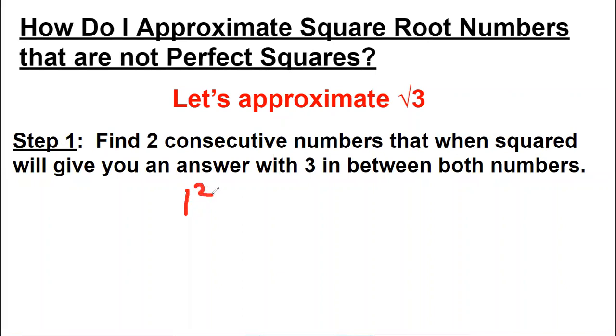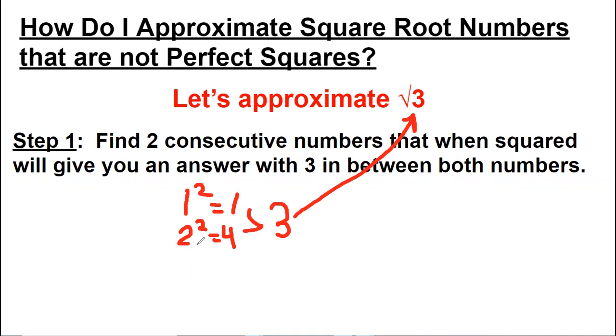What's 1 squared going to give me? 1 times 1, or 1. What's 2 squared going to give me? 2 times 2, or 4, right? And wouldn't you say that the 3 is right in between 1 squared and 2 squared, right?